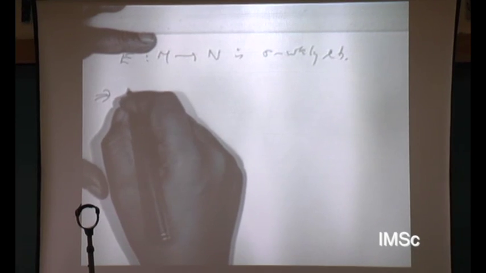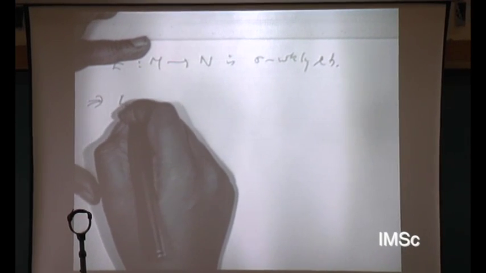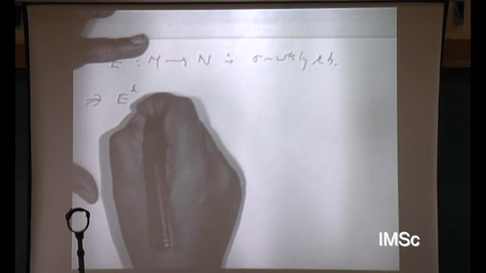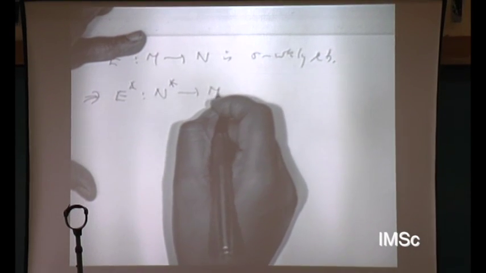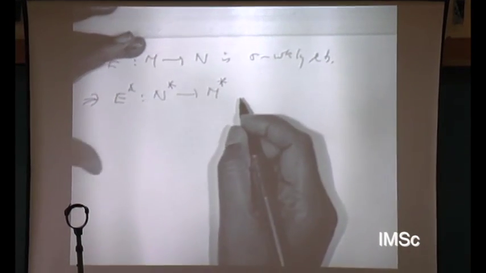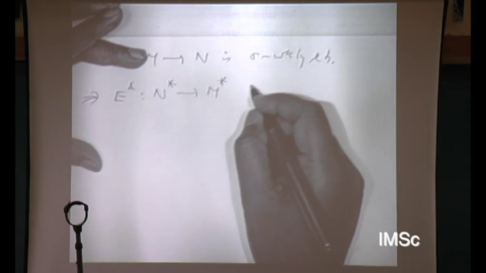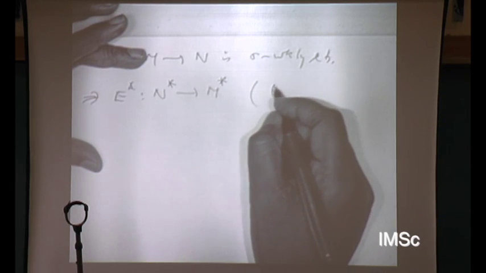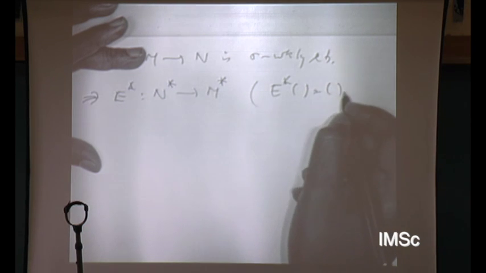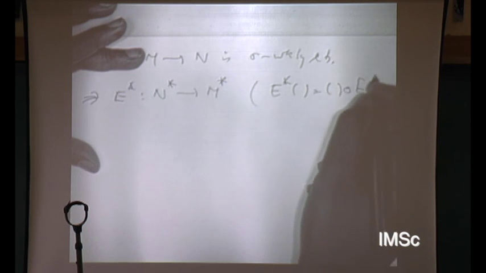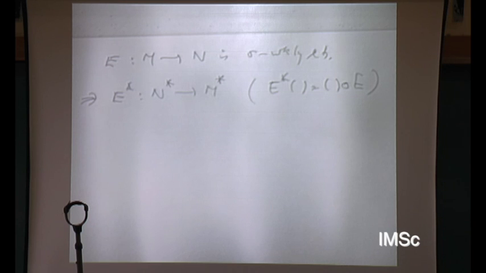You can look at E star, which is a map from N star to M star, given by E star of anything being that thing composed with E. That is how you define adjoints at the level of Banach spaces.